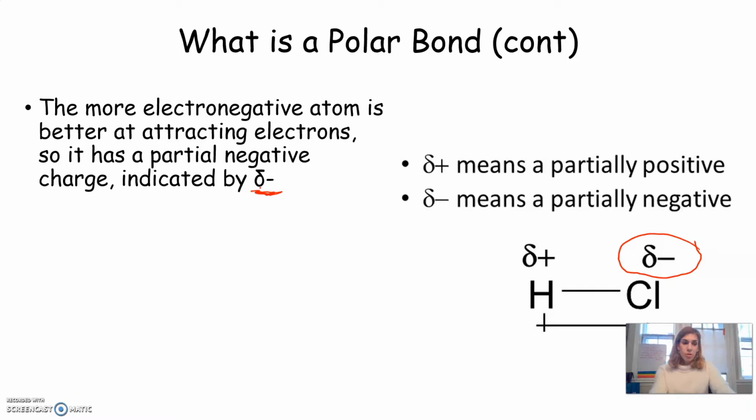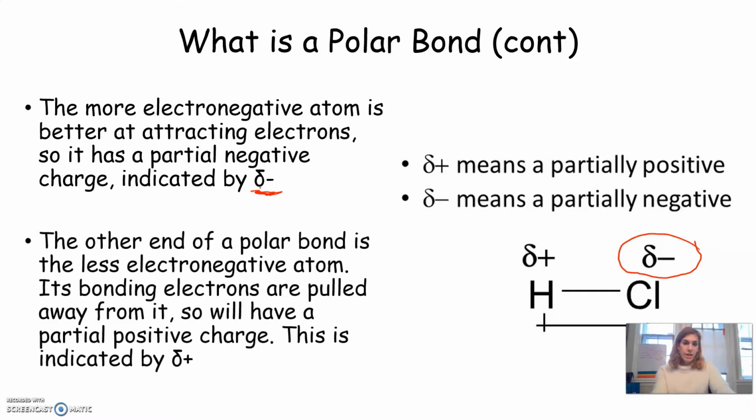The other end of the polar bond is the less electronegative atom. So in that case, this would be hydrogen. Its bonding electrons are being pulled away from it towards the chlorine, so it has this partial positive charge. This is indicated by the same symbol, this lowercase delta, but now it has a plus sign to show that it's partially positive, has less electrons.